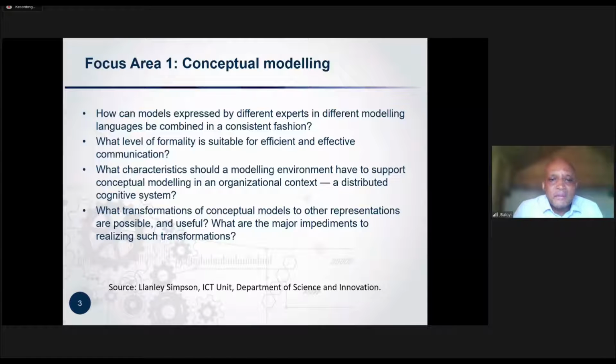So what level of formality is suitable for efficient and effective communication? I won't read all of them, but you can see what they talk to. You need to get to a point where, coming from any subdomain of modeling and simulation, if you see a problem that needs multiple domains to tackle it, you can come together and put the submodels together to make one bigger super model, if you will, to solve that particular problem.